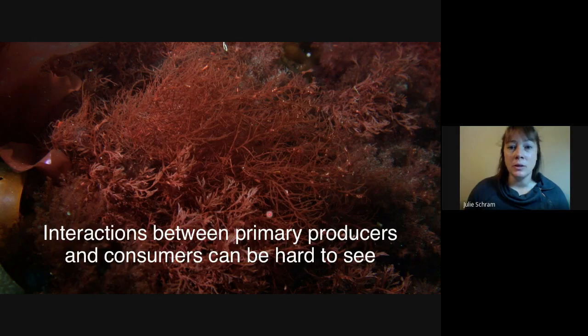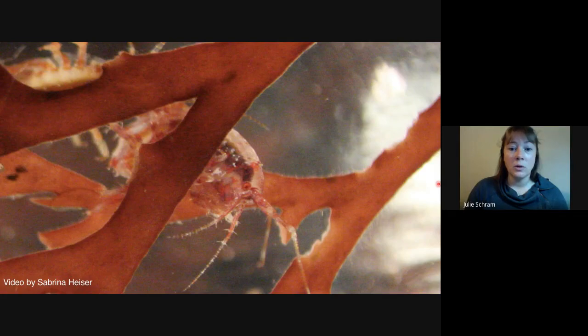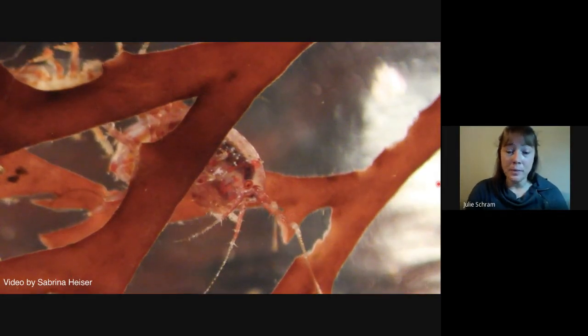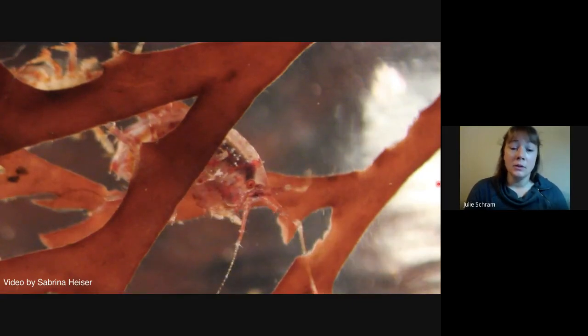In this picture, on this red seaweed, you can see a bunch of little amphipods hanging out, but it's hard to tell how they're interacting here, whether these amphipods are consuming this seaweed or just hanging out for a little while. Often in these cases, you need to go to a microscope to really get an idea of what is going on with these small primary consumers.